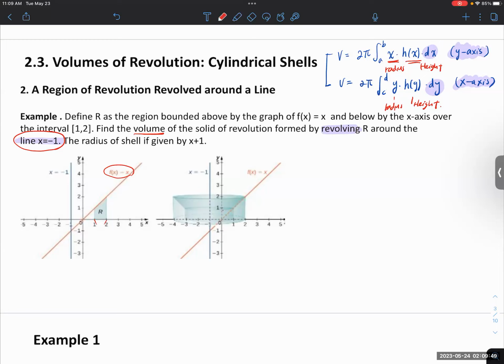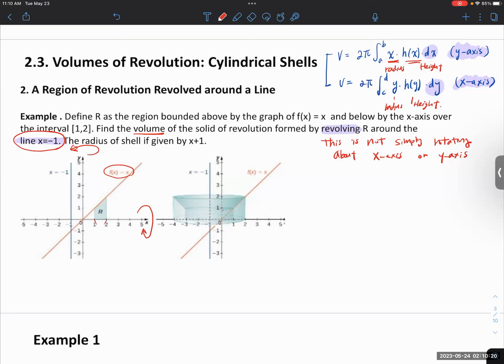This is not simply rotating about the x-axis or y-axis. If you watched the previous video, we rotated the function exactly on the x-axis or on the y-axis.